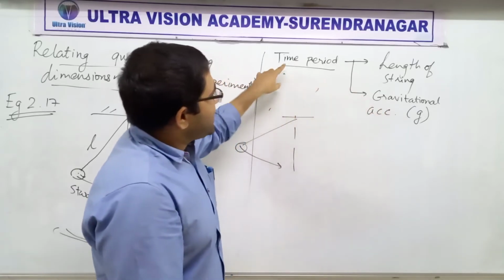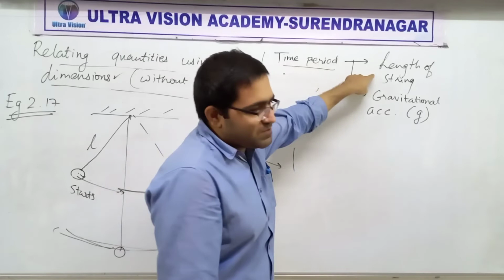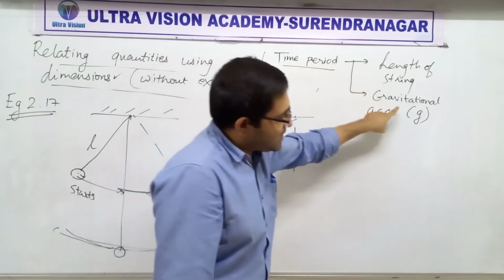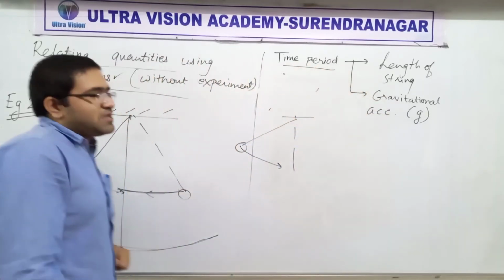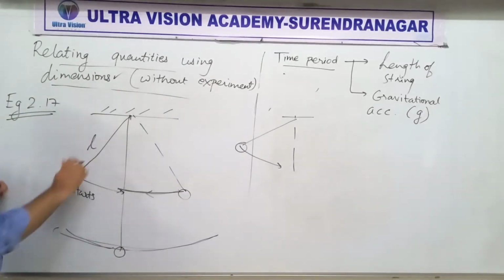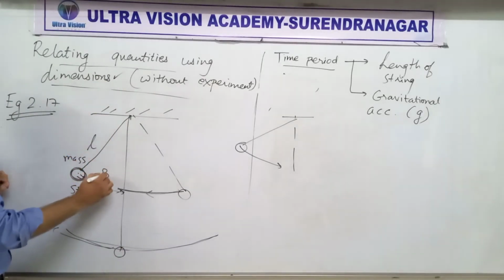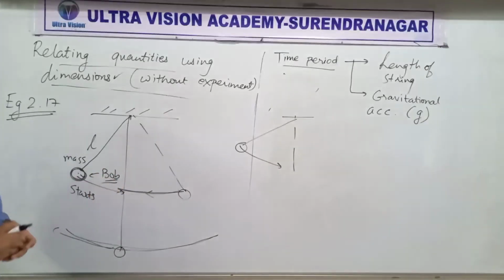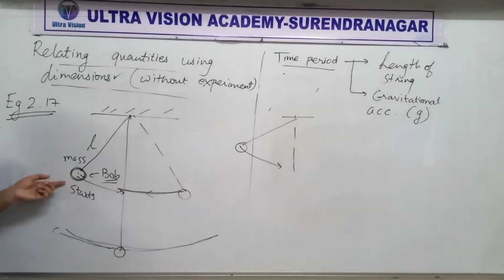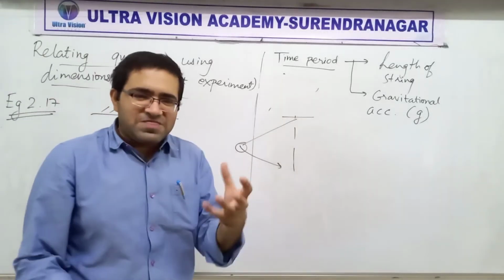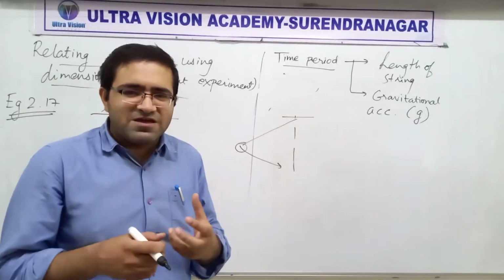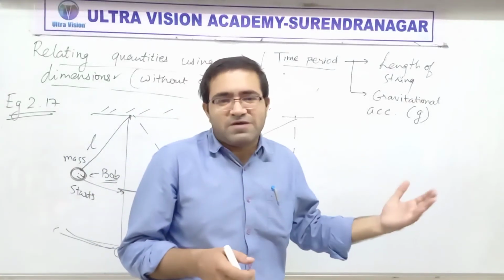So, we are expecting that time period has some connection with this. And the third thing that you might expect is the mass of this bob. This is called a bob, by the way, right? So, if this bob is heavy, that is, it has a lot of mass, then it will move slowly. We might expect that.